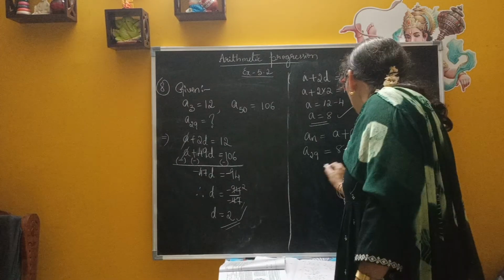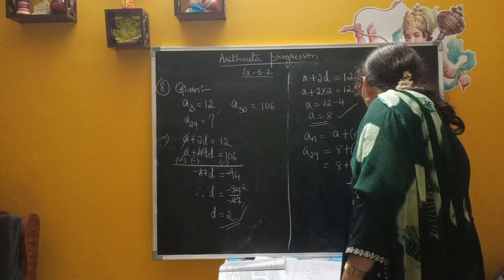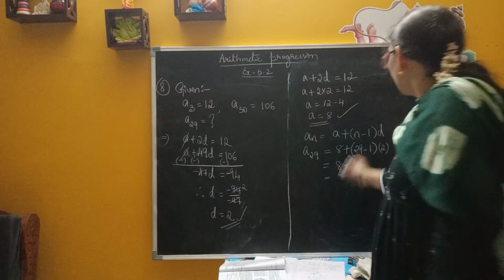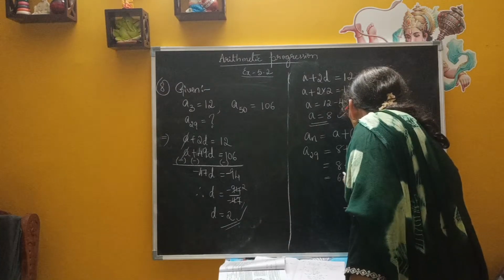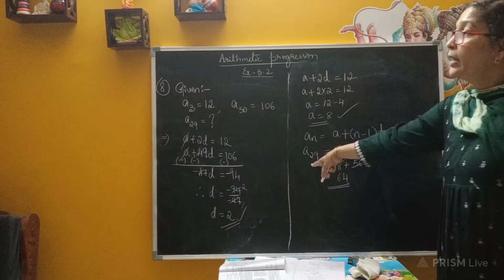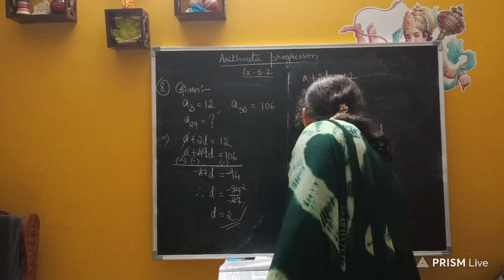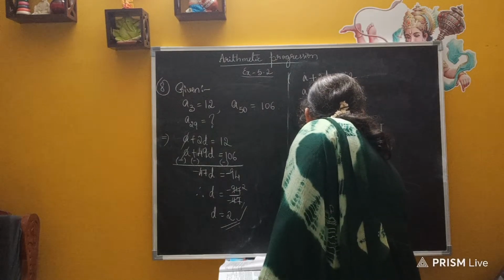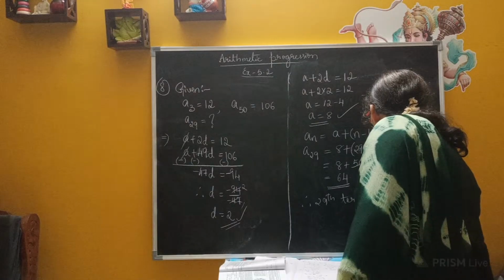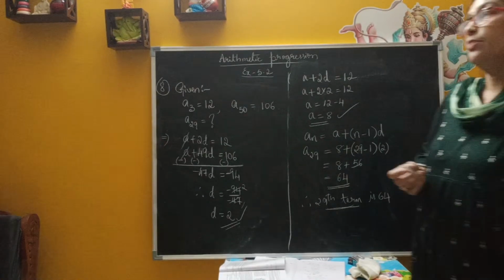So is equal to 8 plus 28 into 2. How much we get? 56. 56 plus 8, how much is it? 64. Okay, so A29 is 64. Therefore, the 29th term is 64.